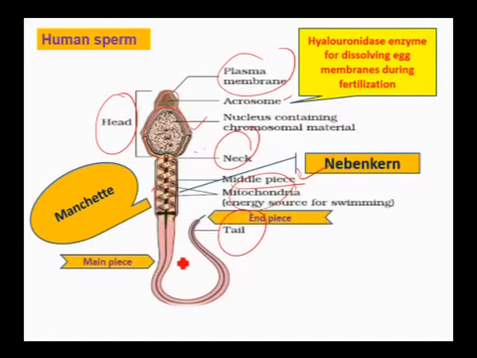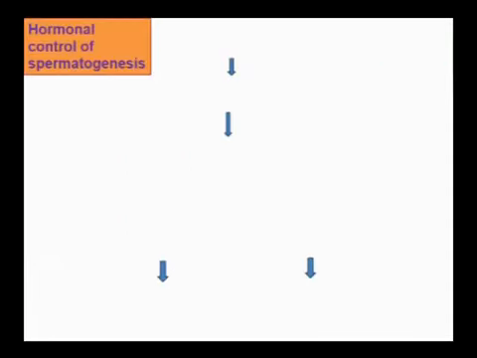The part of the tail where axial filament is surrounded by cytoplasmic sheath is known as main piece, and the part of the tail where only axial filament is present without any cytoplasmic sheath is called end piece. The significance of tail is that it helps the sperm to move or swim in the female genital tract during fertilization.